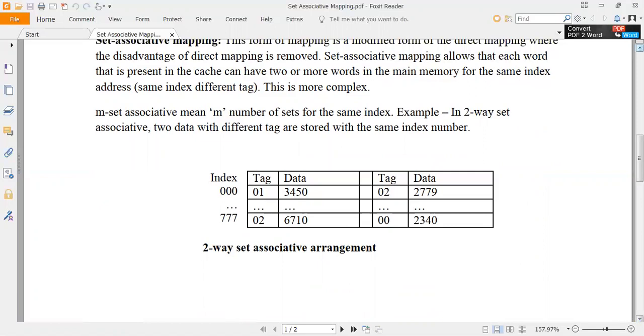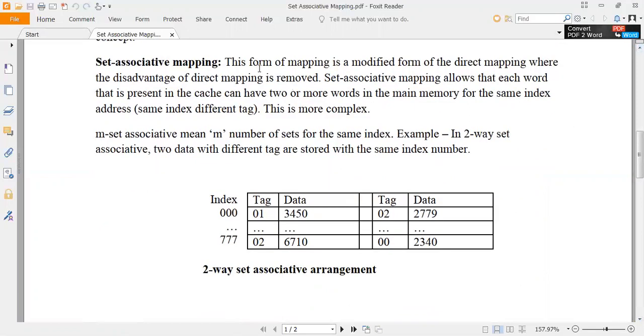So what is the concept of set associative? This form of mapping is a modified form of direct mapping. If it is a modified form, it was introduced to overcome the disadvantage. And what is the disadvantage?